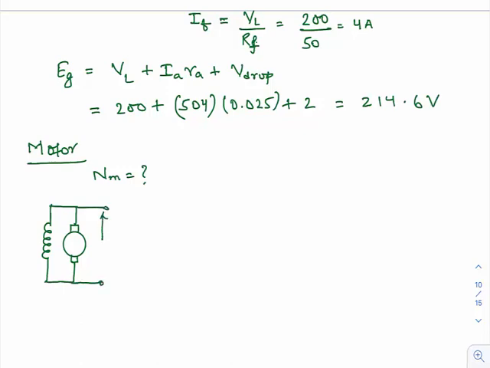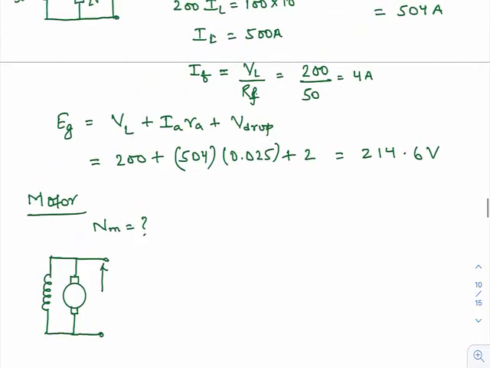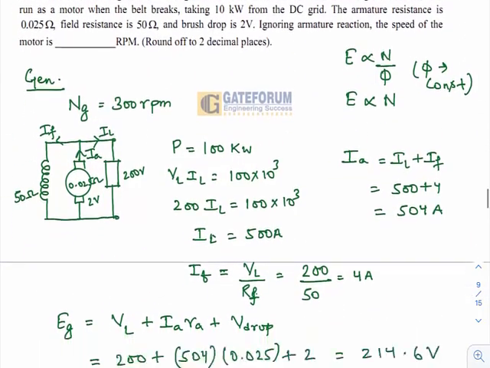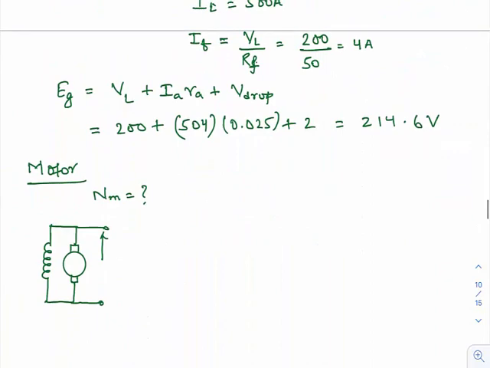Here the power is absorbed from this 200 volt DC grid, but the input power taken is just 10 kilowatt. So this is 200 volt DC grid, but the power that is taken from here is just 10 kilowatt. So from here I'll find the value of IL.